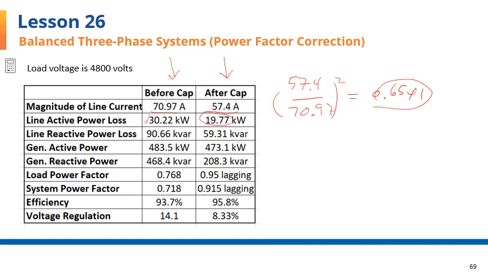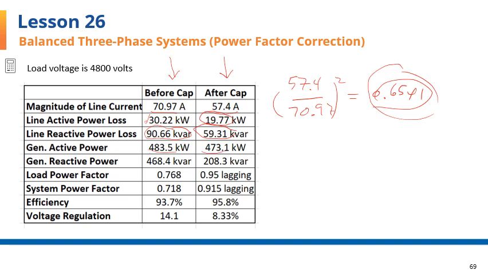And if you multiply the reactive power loss before installation of the capacitor by this ratio of the currents squared, you should get this number. That'll give you a sense of how the change in power affects the change in line losses. The other values have also improved. For example, the generator active power generation has gone down from 483.5 to 473.